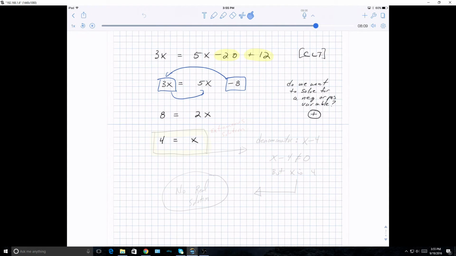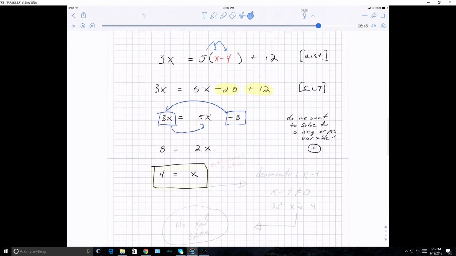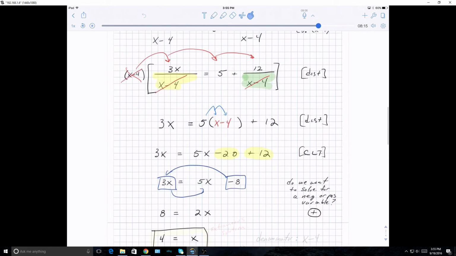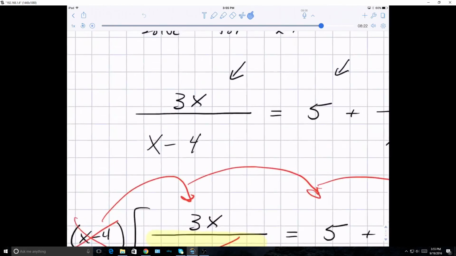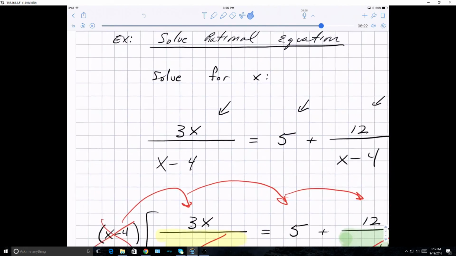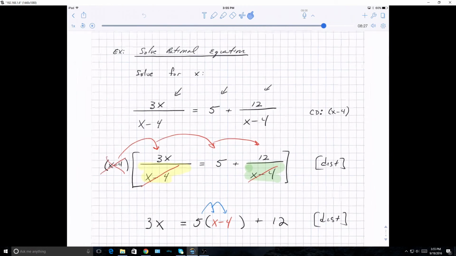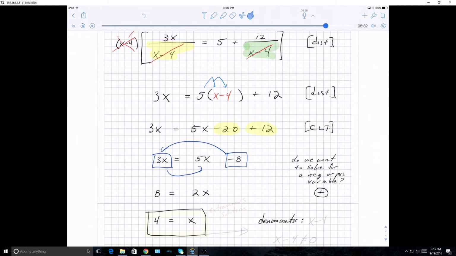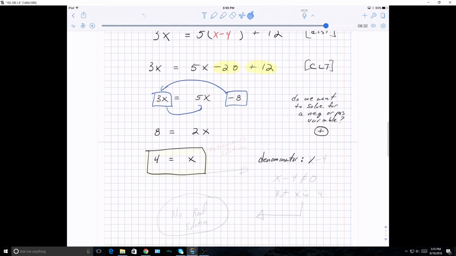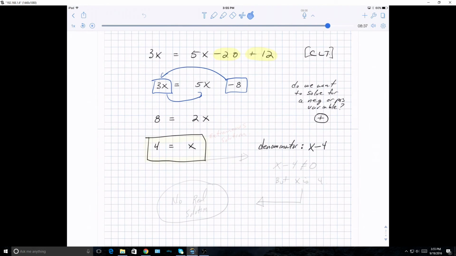But wait, there's something interesting about this solution, isn't there? It's the only value that will not work for this particular problem. We can see it from our denominator: we have a denominator of x minus 4, but we're saying that our solution here is 4.